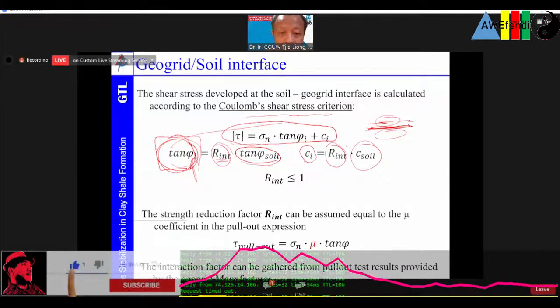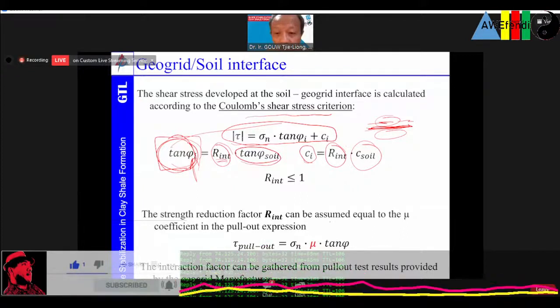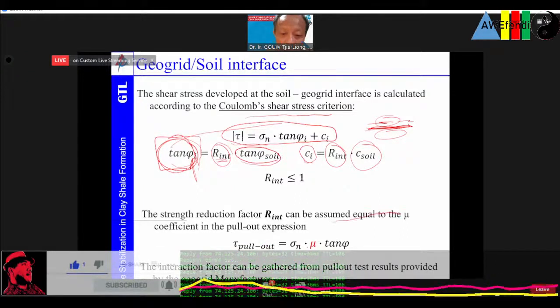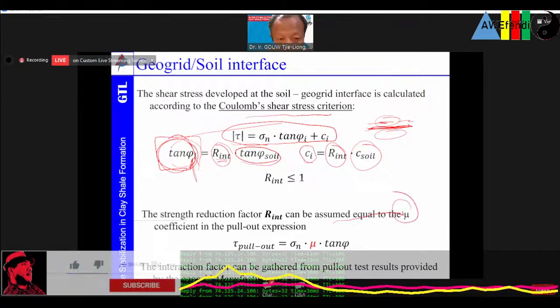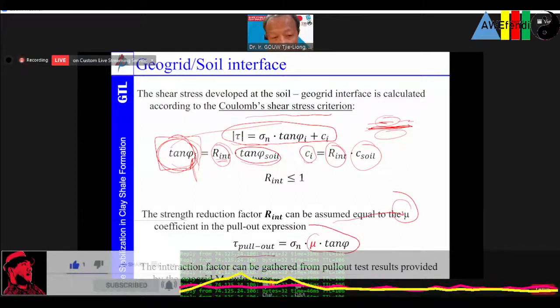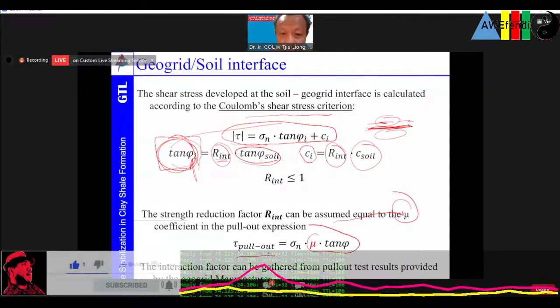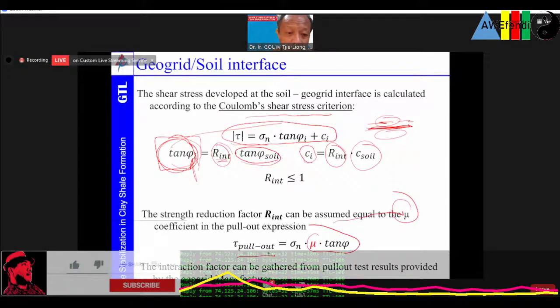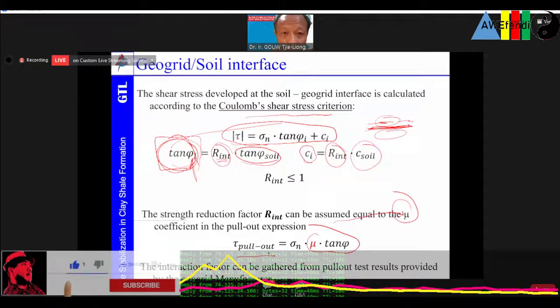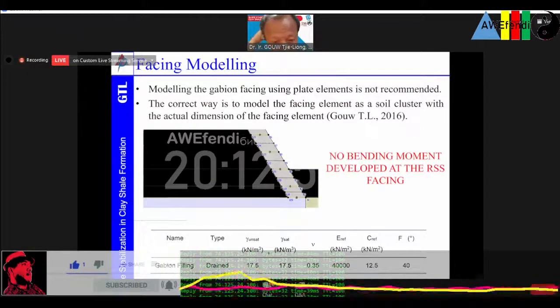R inter is less than 1.0. The strength reduction factor can be assumed to be equal to the mu over here. For the pull out resistance, the interaction factor begins from the pull out result provided by the geogrid manufacturer. We got, I think, around 0.85 when we designed this project.